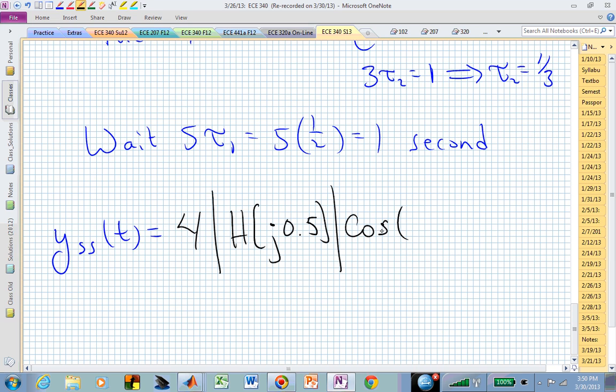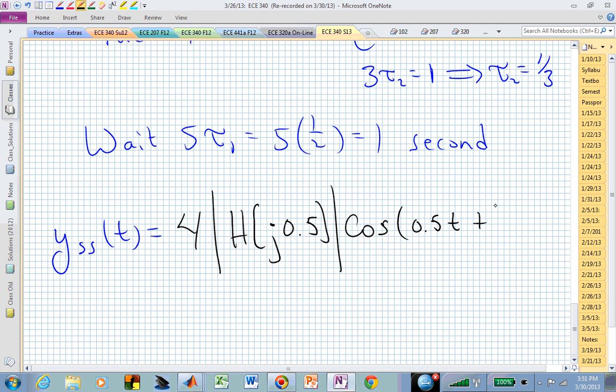We will maintain that cosine, or that sinusoidal behavior, at the input frequency. This is a linear system. We're not going to change the frequency. If we're shaking this system at 0.5 radians per second, we're going to see that everywhere in the system, and because of that, we're going to see it at the output.